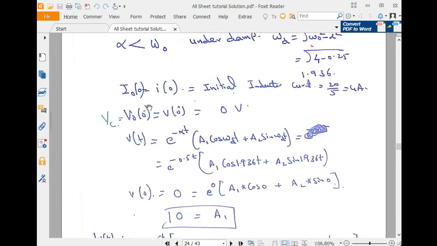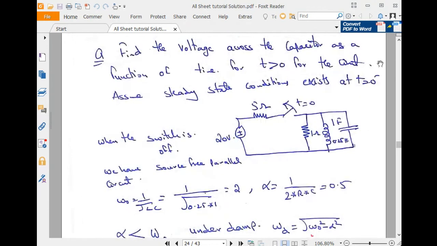So you will get I of 0 equals 4 ampere, and VC, the voltage across the capacitance, equals 0. Why? Because there is only a short circuit here.